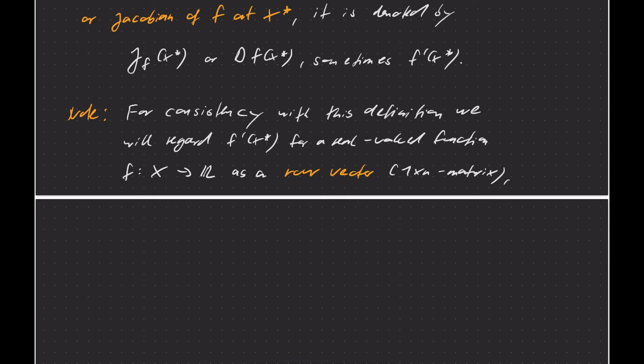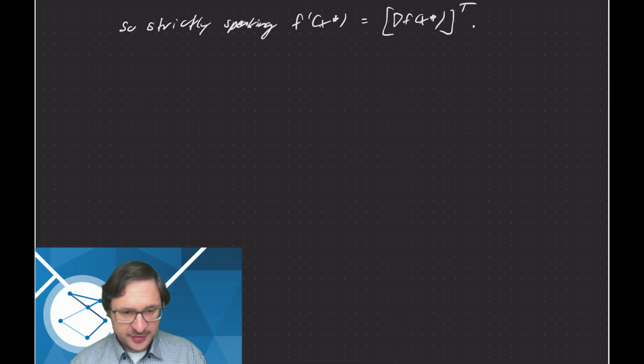So strictly speaking, and from now on we will use that convention strictly, f prime of x star is not equal to the gradient, but to the transposed gradient. Okay, so that's the definition.